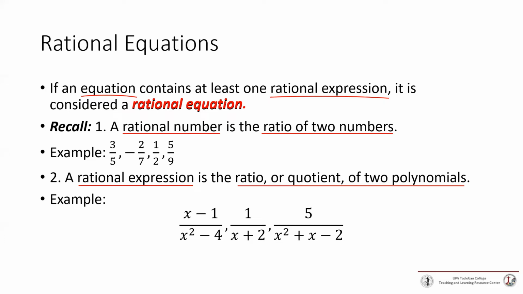X plus 2 is a binomial. And then 5 over x squared plus x minus 2. 5 is a constant. It's part of the polynomial over x squared plus x minus 2. X squared plus x minus 2 is another type of polynomial. Specifically, it's a quadratic polynomial. Okay?